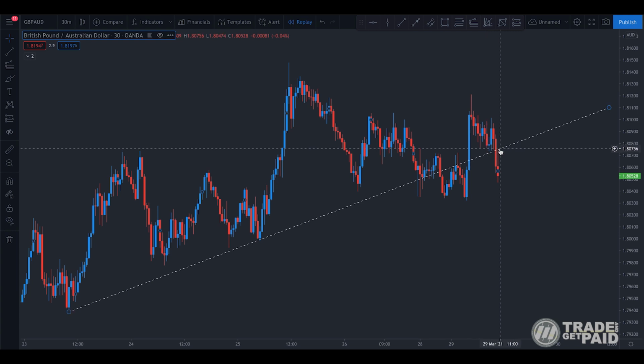If this is your entry, where do you set your stop loss? Well, I get that question probably about 20 times a day. And the answer to that question is you always look to previous market structure. So if here's your entry, well, here's your previous high.